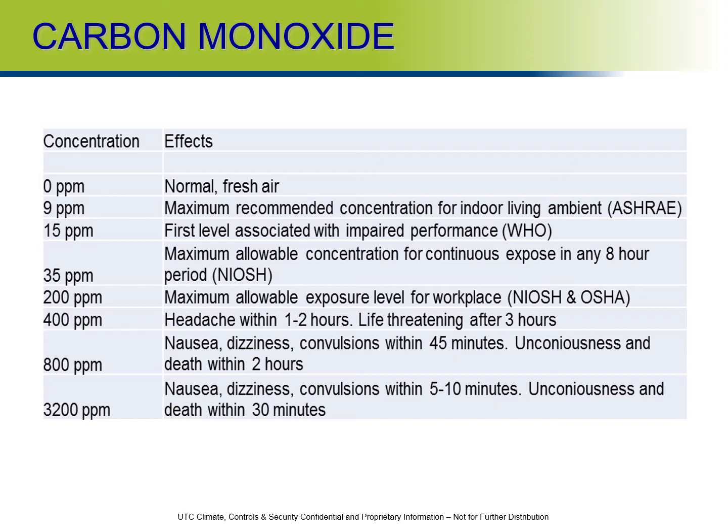At 15 parts per million is the first level associated with impaired performance, so this is the level at which you could first start experiencing some sort of impairment in the human body. 35 parts per million is the maximum allowable concentration for continuous exposure in any 8-hour period.